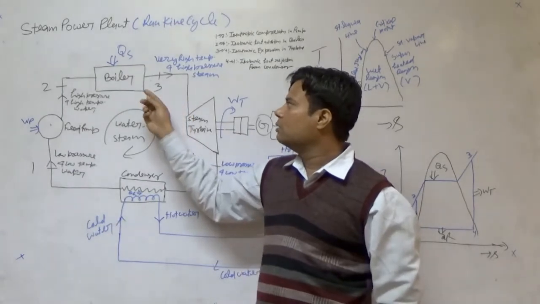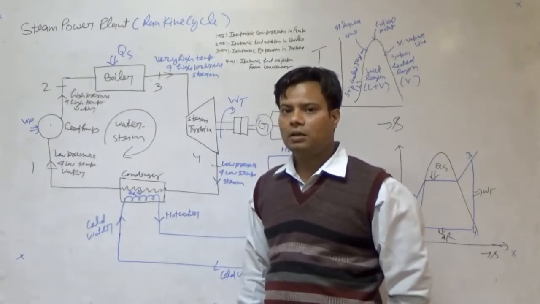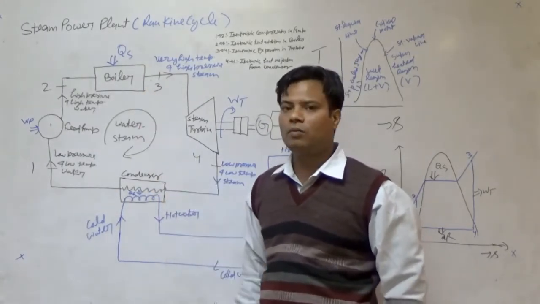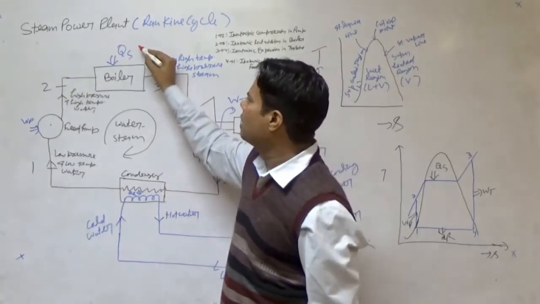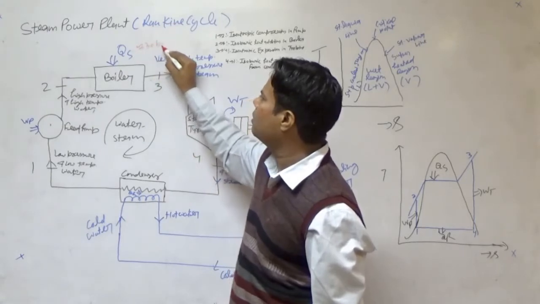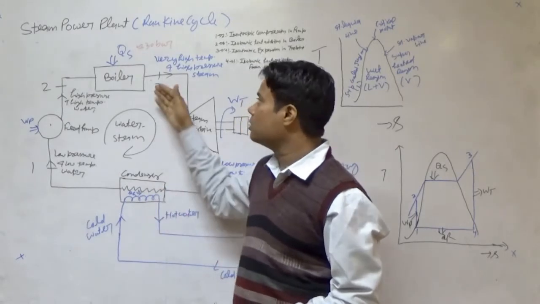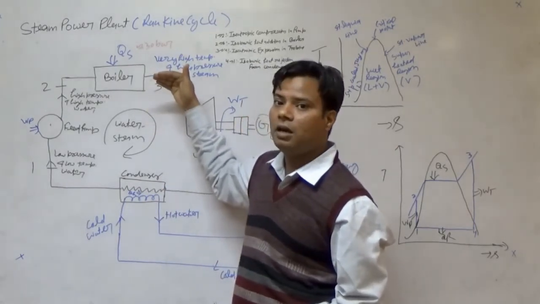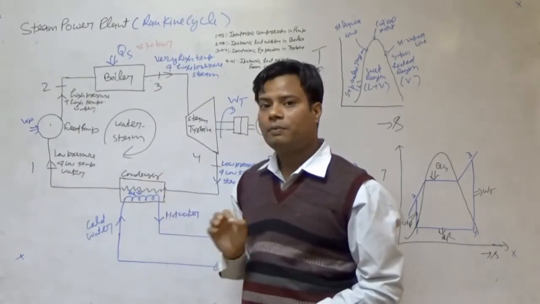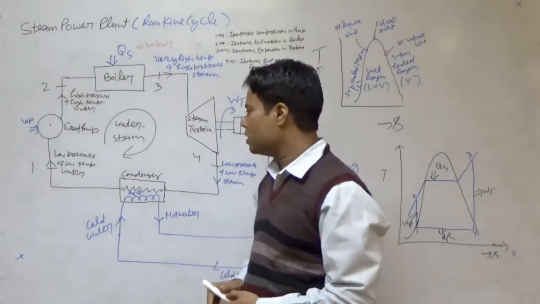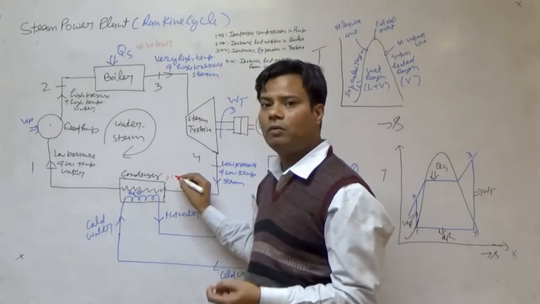Another point is that the pressure inside the boiler is very, very high. Generally, the pressure inside the boiler is approximately 30 bar or 50 bar; generally we maintain 30 bar inside the boiler. This pressure is very high compared to atmospheric pressure, but in the condenser the pressure is very low, approximately 0.1 bar up to 1 bar.